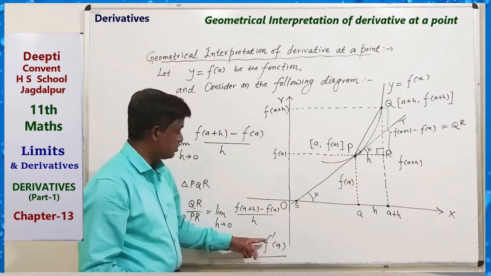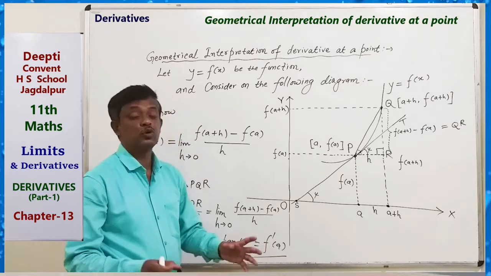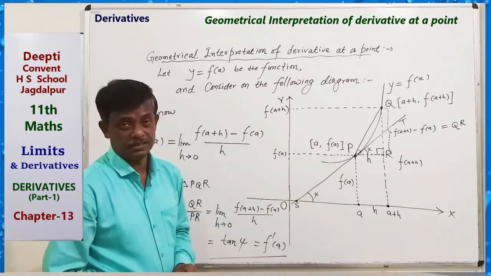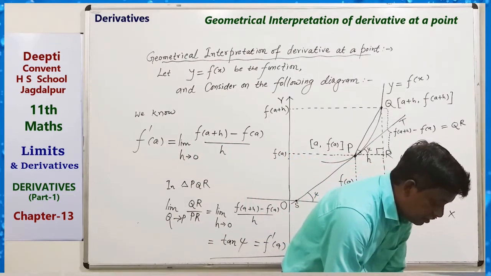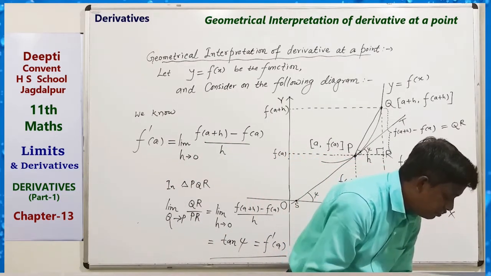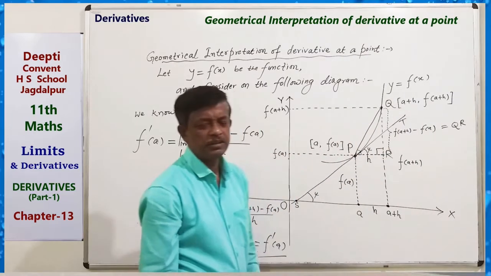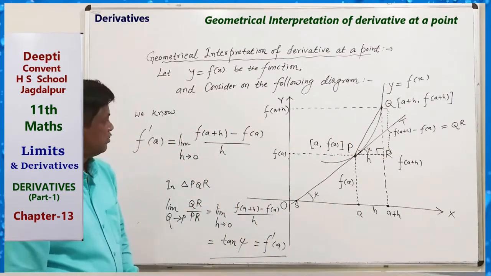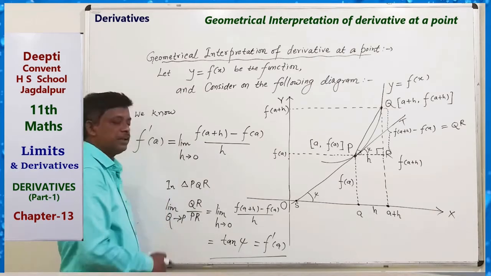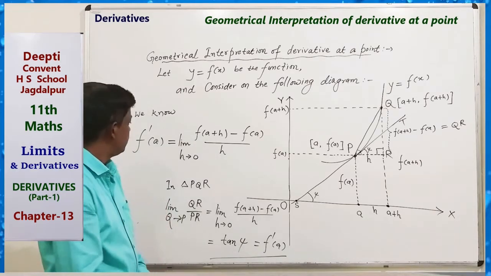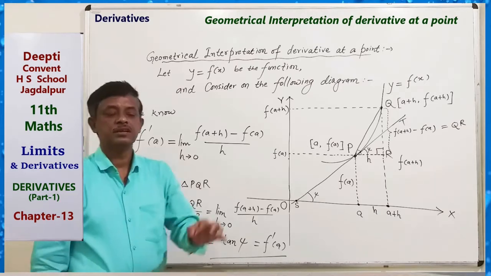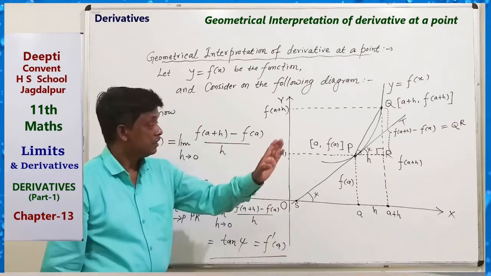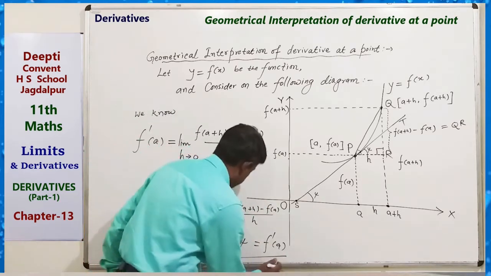That is, the derivative shows the slope of the tangent. Our geometrical meaning is very simple.